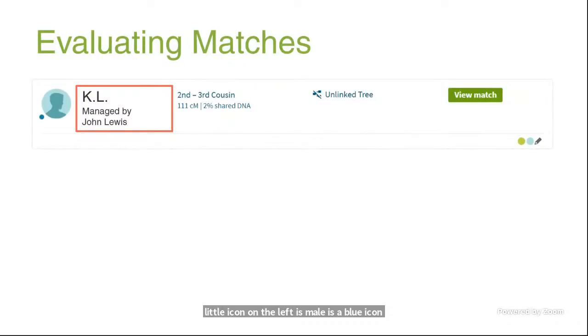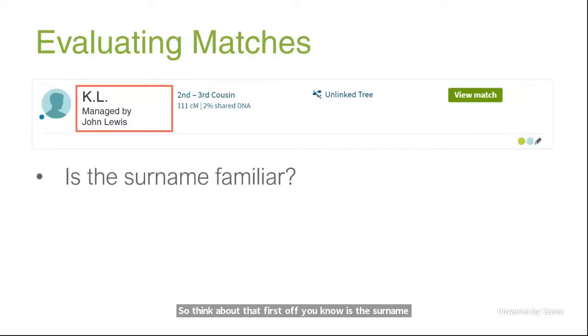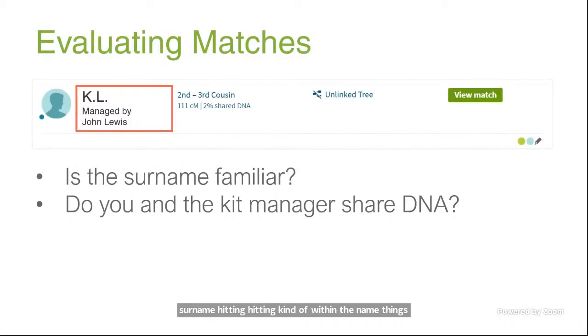But think about that. First off, is the surname familiar? Or sometimes you can see a variation of the surname hidden kind of within the name, things like that. Another thing that you can do is click on the kit manager, the person who manages the kit, and find out if you share DNA with the kit manager. At least on Ancestry, it'll tell you that.